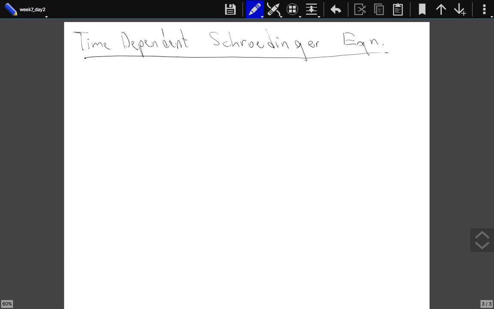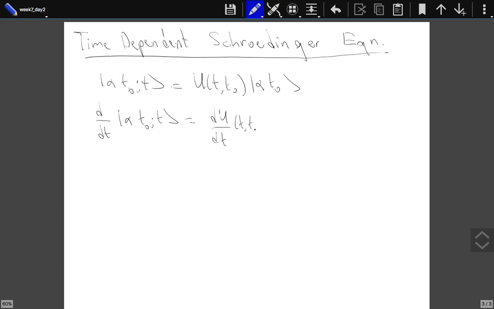Well, we had already written down an equation for the time dependence of our state kets. If you remember, we had alpha t0, our state at the time t0, and at the time t it was given by the time evolution operator multiplied by my initial state. Then we looked at the derivative of this state with respect to time. This was equal to the derivative of U with respect to time, acting on alpha t0.